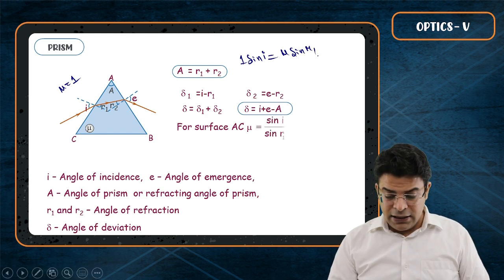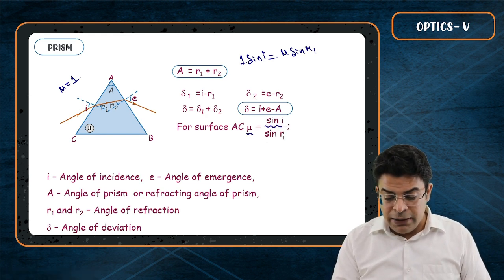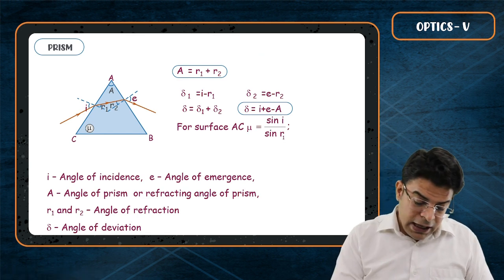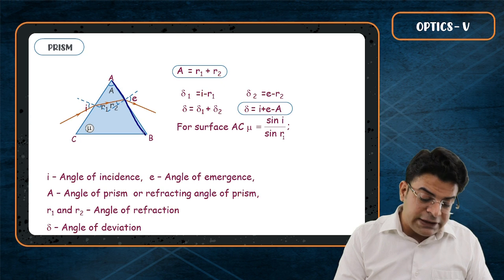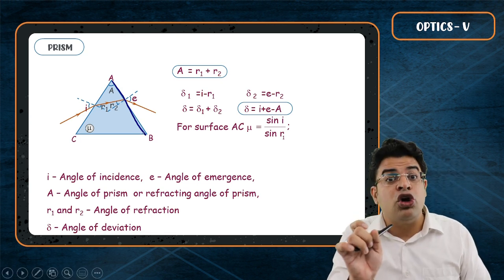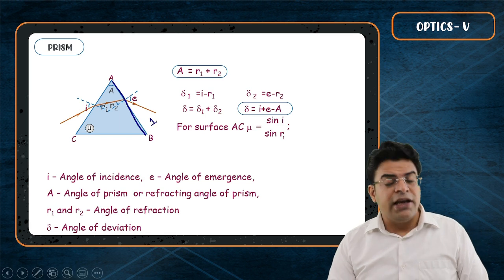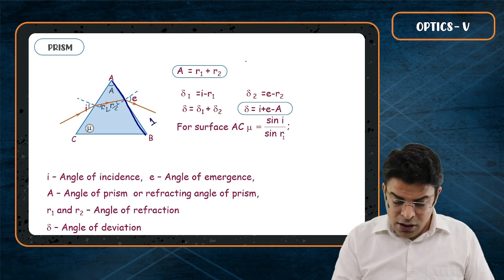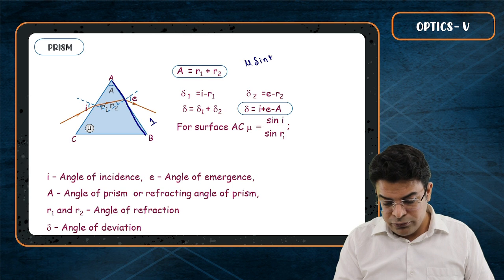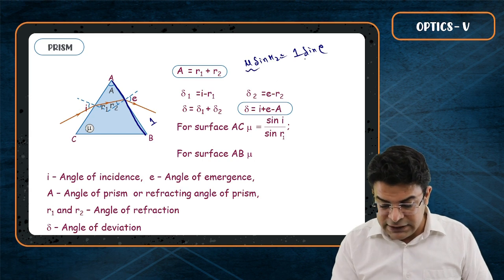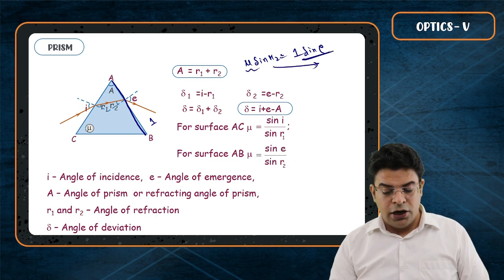So the refractive index is sine I by sine R1. And similarly, applying Snell's law for the second surface, taking the surrounding refractive index again as 1, I can say that mu sine R2 equals 1 sine E. So the refractive index can also be written as sine E upon sine R2.